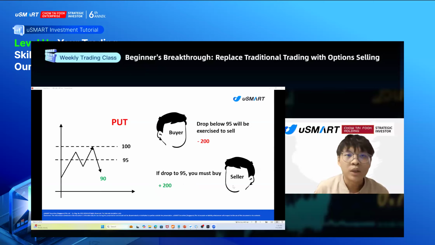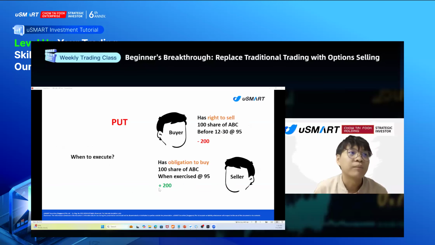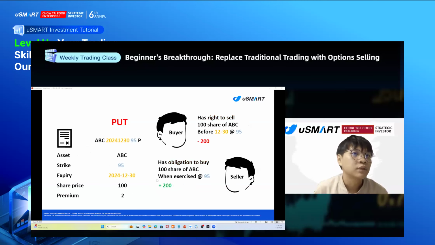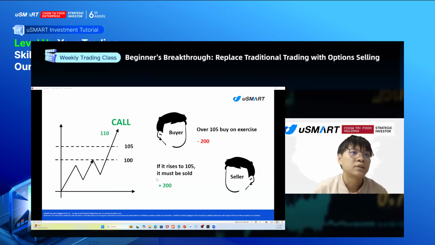So if this one is equivalent to a buy limit, you can actually see that the other one is very similar to a take profit order. So what is a take profit order? Right now the market price is $100 and you place an order at a higher level to exit your position instead.